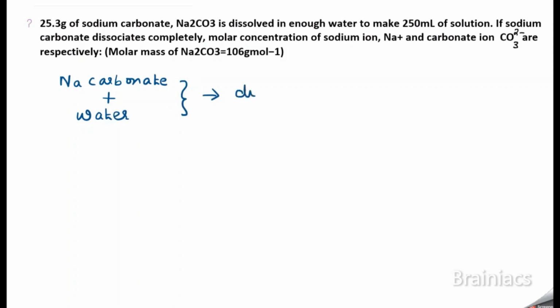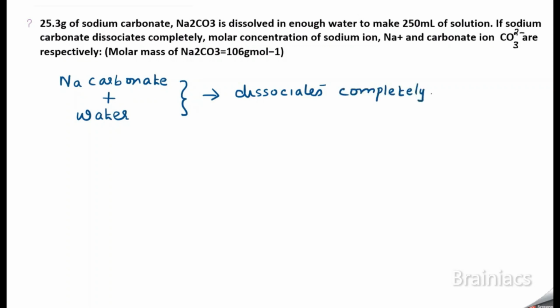So dissociation is happening. First we will try to understand. It's not a partial dissociation, it's a complete dissociation. Dissociates completely. So let's see how this will happen.